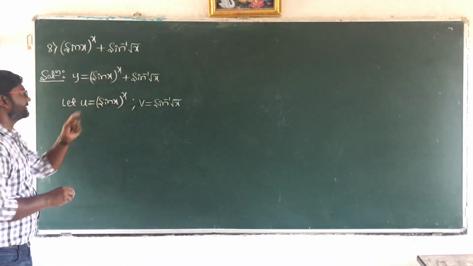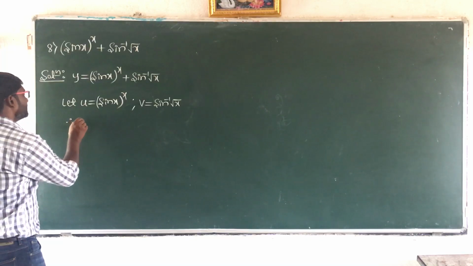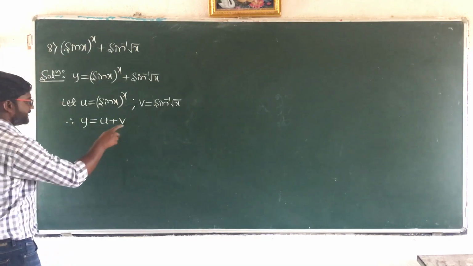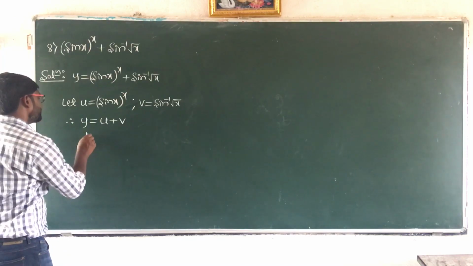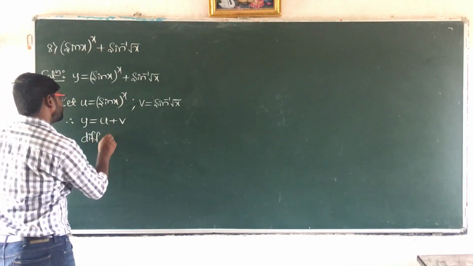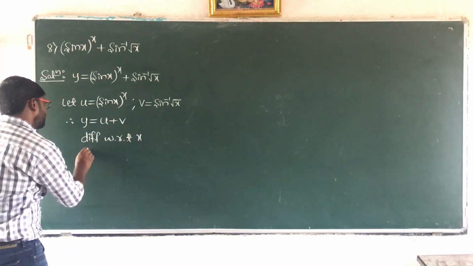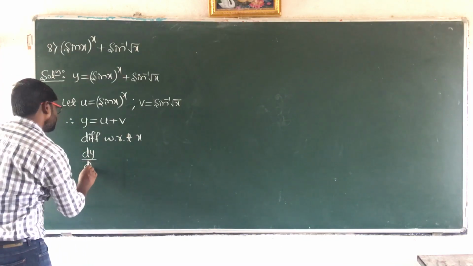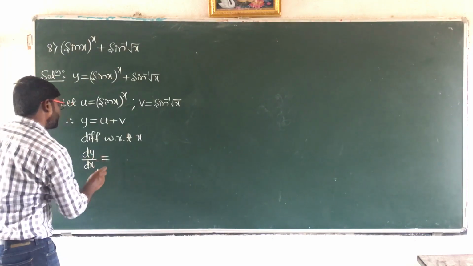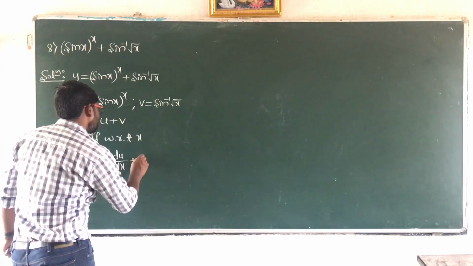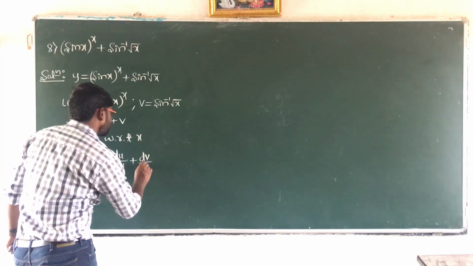Let us rewrite this now. Therefore y is equal to u plus v. Differentiate both the sides now. So differentiating with respect to x, what do we get now? dy by dx, which is equal to du by dx plus dv by dx.